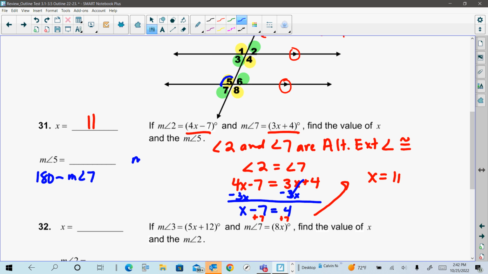To find the measure of angle 7, we're plugging in our value for x, because we had 3x plus 4. So we're doing 3 parentheses, and inside the parentheses that represents the x is the value we got, which was 11. So we have 33 plus the 4, and we end up with 37. So we're going to take 180 minus that 37, and that's going to give me 143.